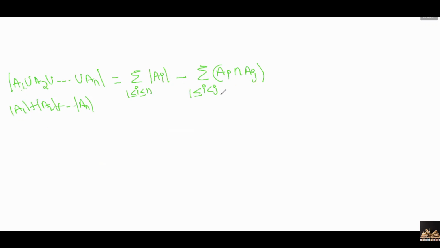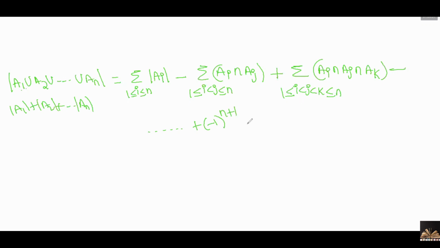Next, when you take 3 at a time, it will be plus: Ai, Aj, Ak, where i is less than j less than k. Next will be minus, and so on up to minus 1 whole to the power n plus 1.